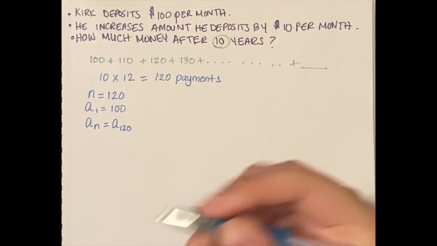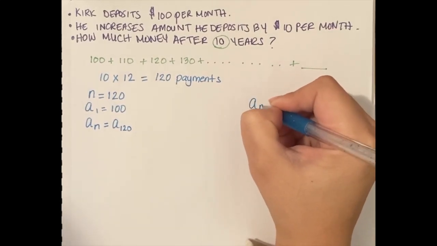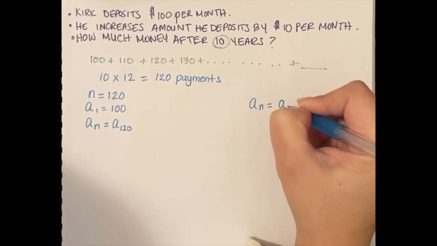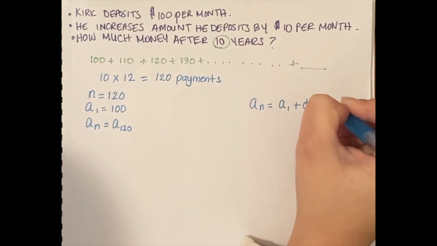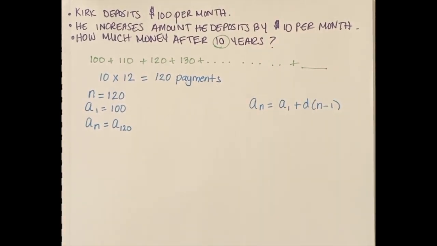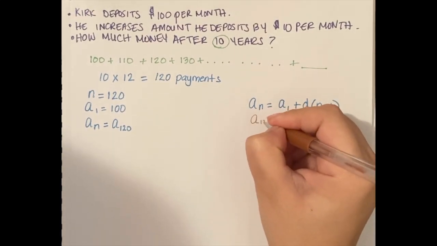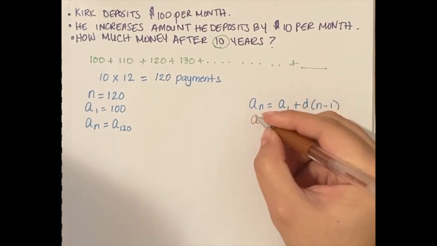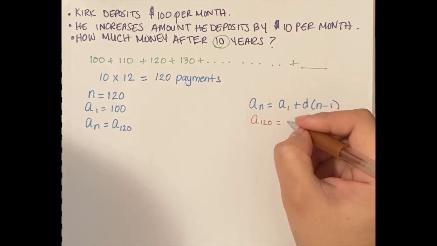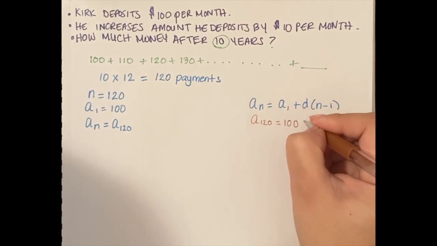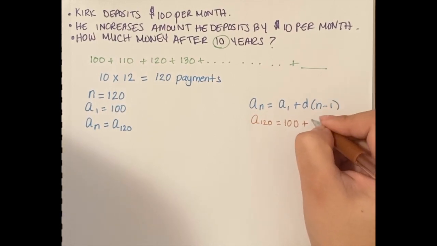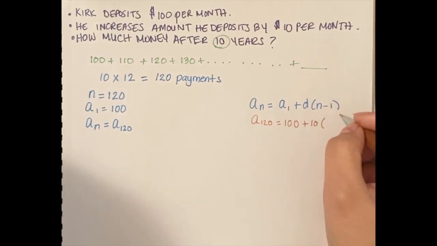So just like we did in previous problems, we use this formula, the explicit formula for an arithmetic sequence, to find out what's the last payment. What is it? We know it's the 120th payment, but what is it actually? a sub 120 equals the first term of 100 plus the common difference of 10 times the 120th term minus 1.